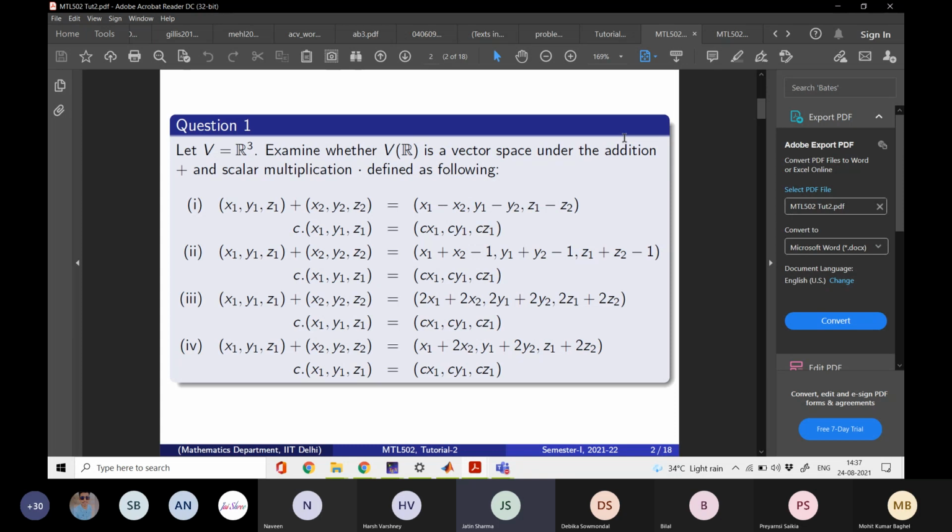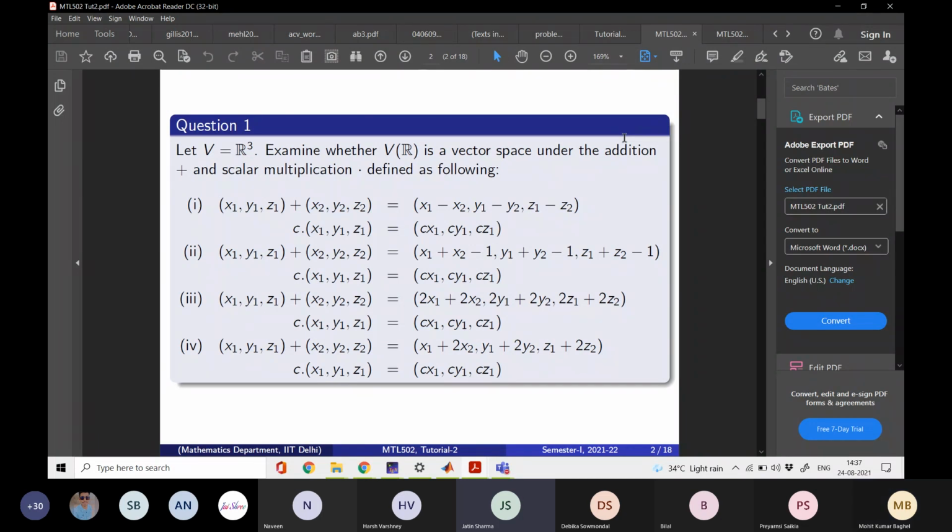And then with respect to scalar multiplication, 1 dot v is equal to v for every v belonging to the set V. One is a multiplicative identity, yes, a multiplicative identity of the field.